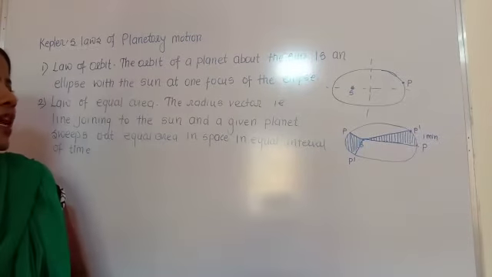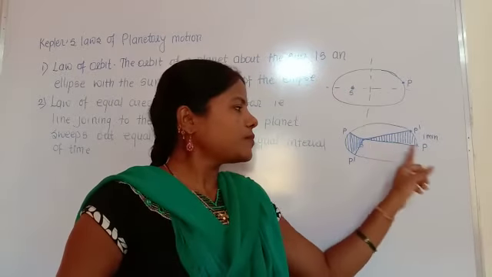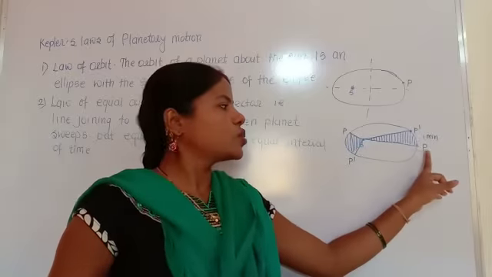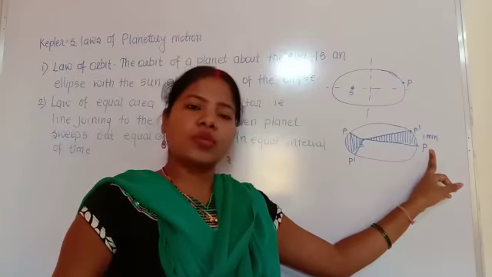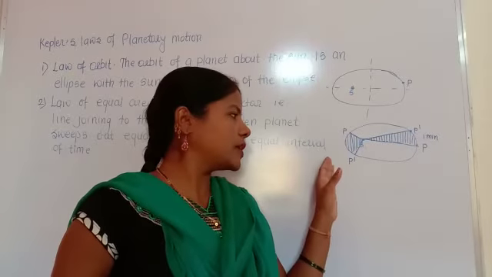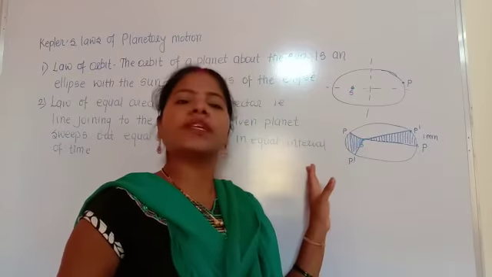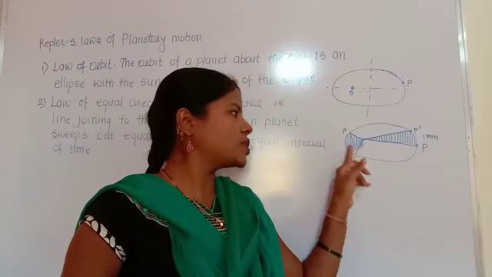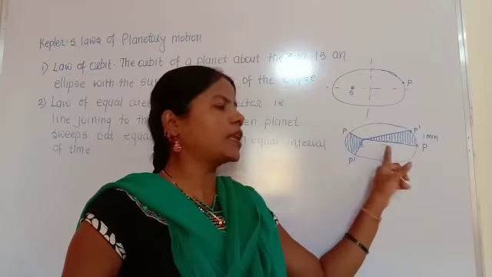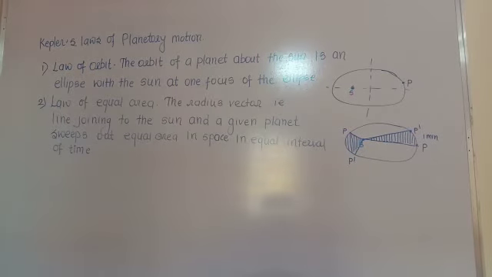When the planet is in the aphelion region, the velocity of the planet becomes slow, so it moves slowly. And in the perihelion region, the left side region, the planet moves with faster velocity. That's why it sweeps out equal area in equal time intervals. So this is the second law, the law of equal area.